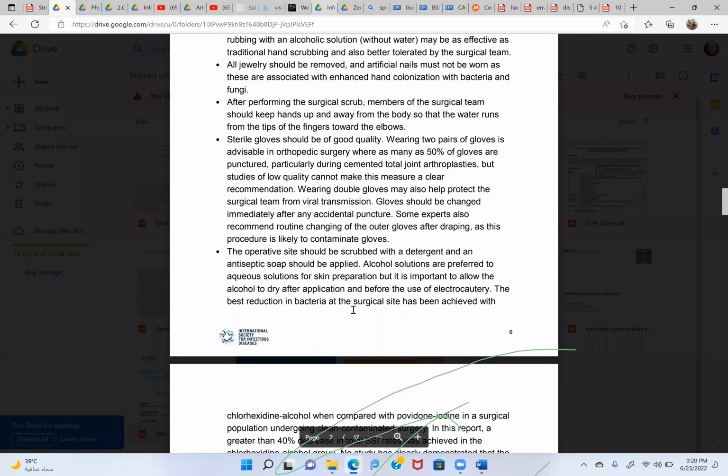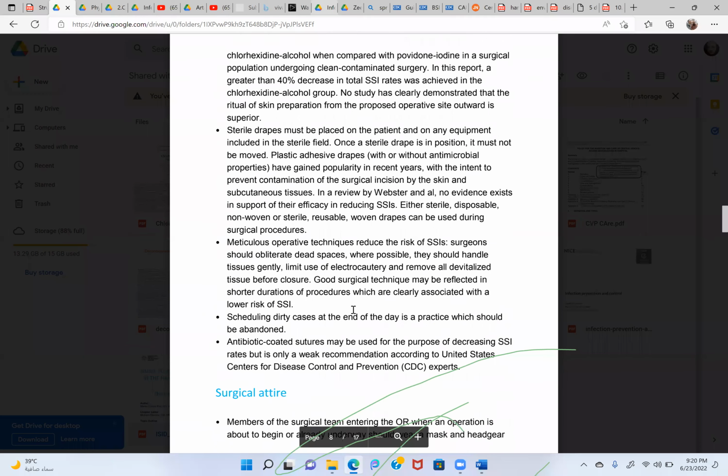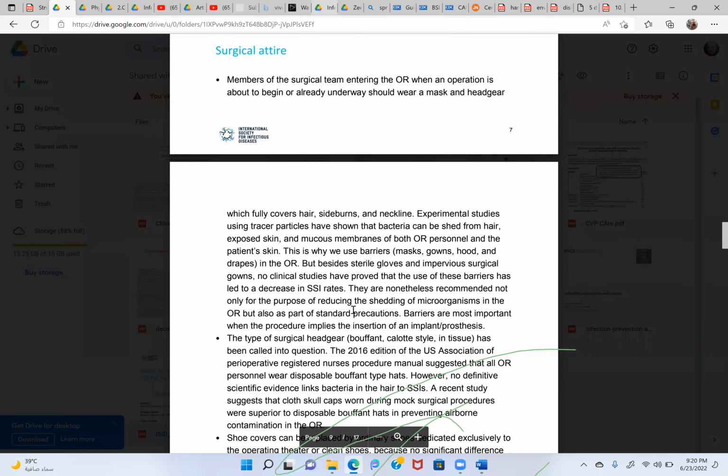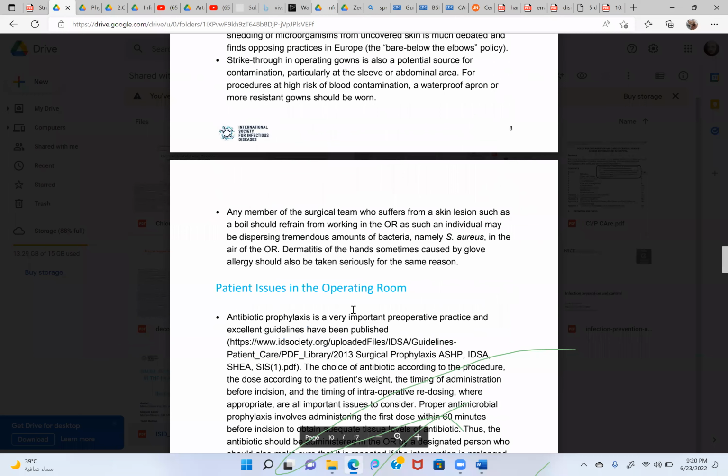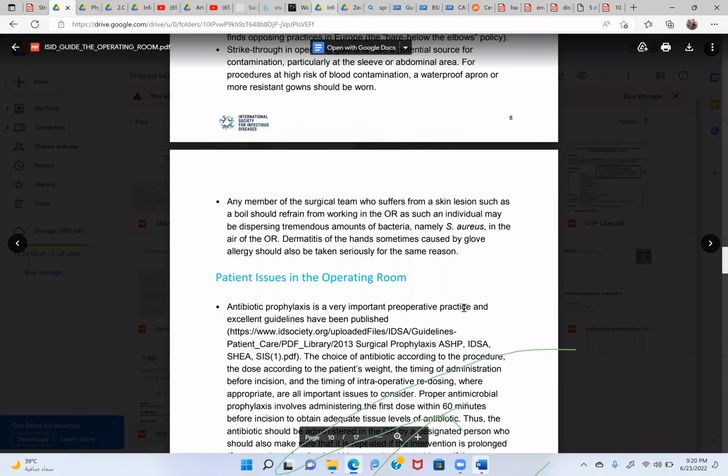I will stop here, and I will give you a hint that the things related to antibiotic prophylaxis and OR pollution are important.